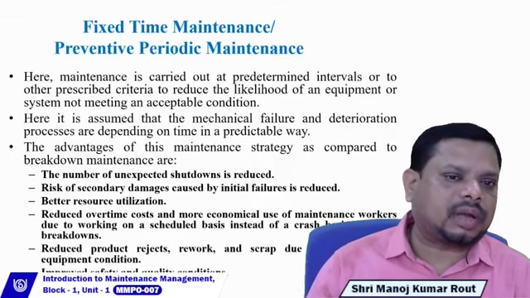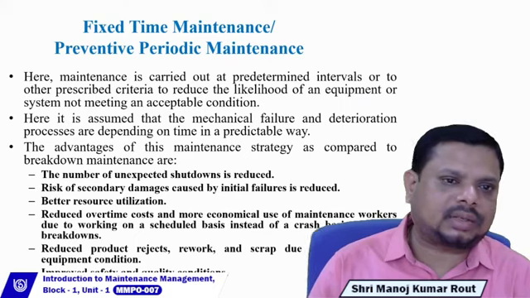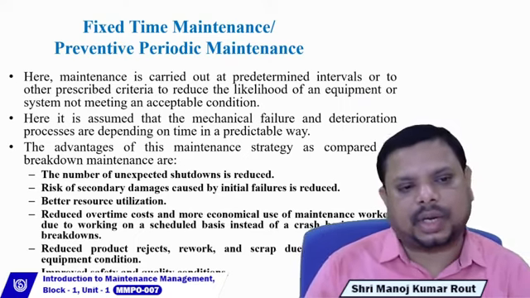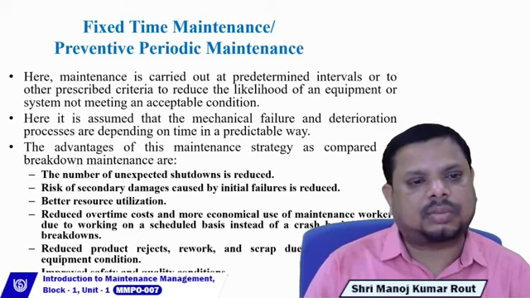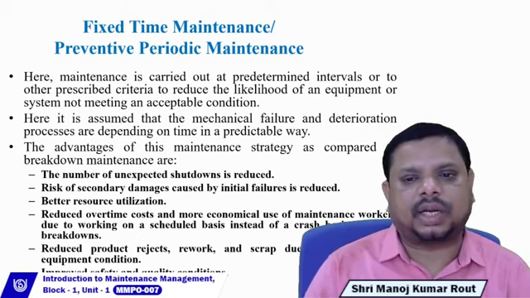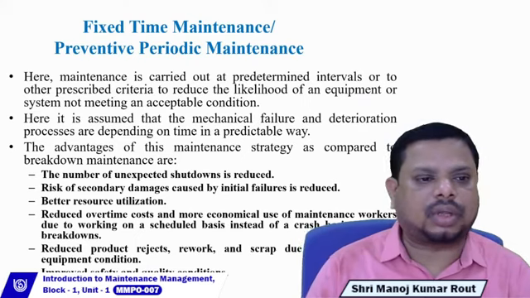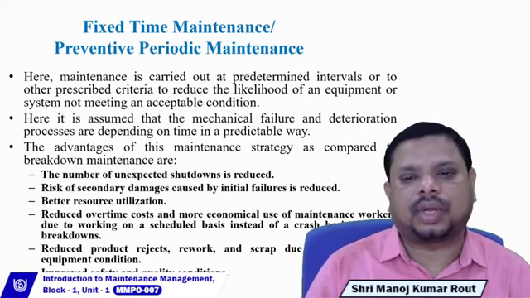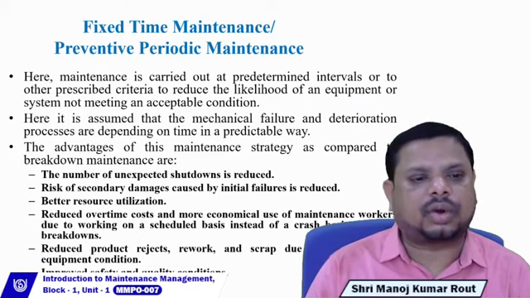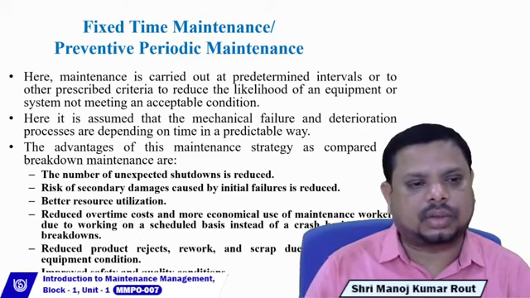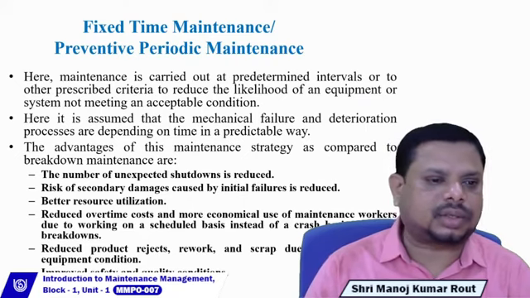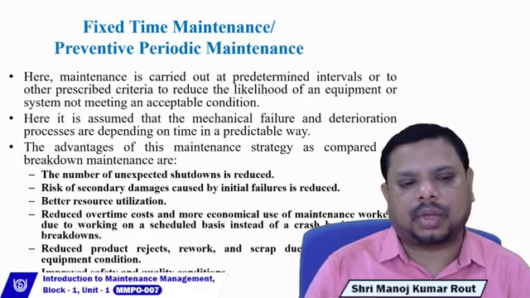The next one we have is fixed time maintenance or preventive periodic maintenance. Here maintenance is carried out at predetermined intervals or according to other prescribed criteria to reduce the likelihood of equipment or system not meeting an acceptable condition. Here it is assumed that mechanical failures and deterioration processes depend upon time in predictable ways.